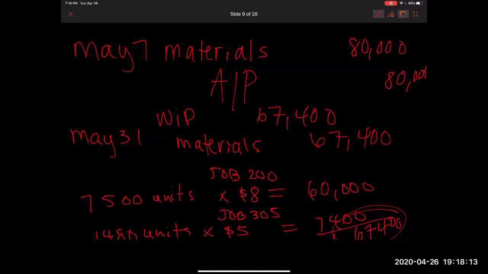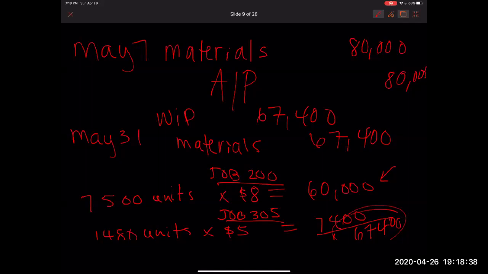So the question that I get so often is, could you have done 2 different journal entries, one for job number 200 and then another one for job number 305? Absolutely, you could have done 2 different journal entries and split it up like this: 60,000 as a debit and a credit, and then 7,400 as a debit and credit.